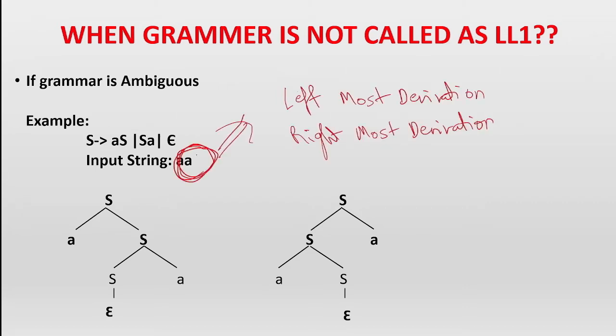For every string, you will have both the leftmost and the rightmost derivation. That is not ambiguous. But if you can draw two leftmost derivations for the same string, then it is called ambiguous. If you can draw two rightmost derivation trees, then it is also called an ambiguous grammar.